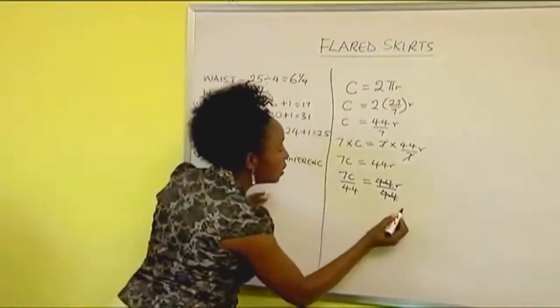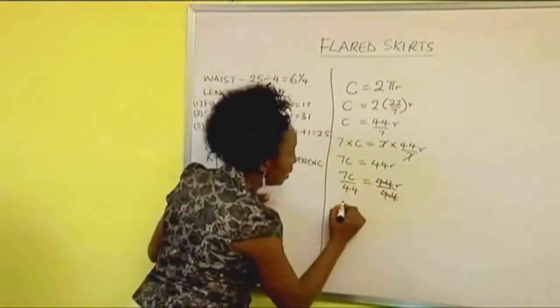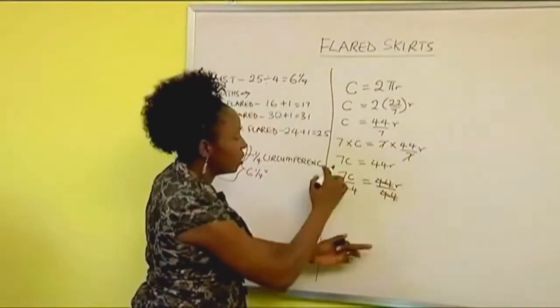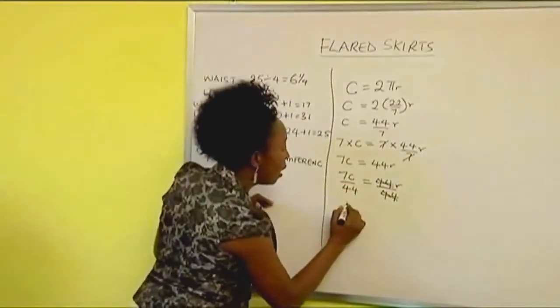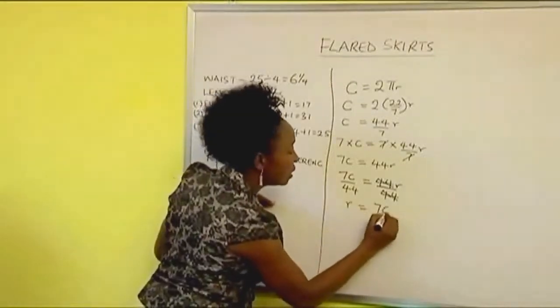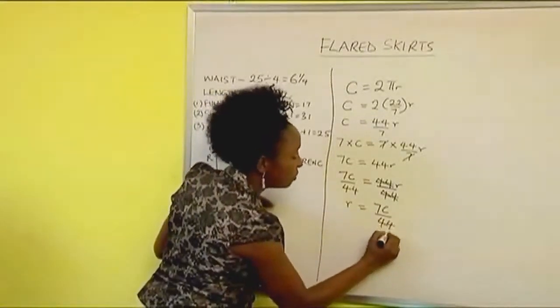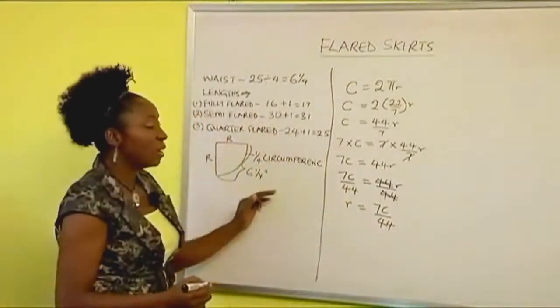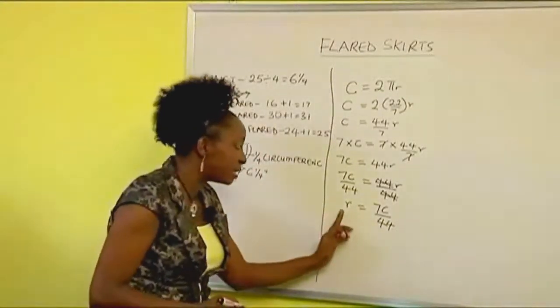So now I'll change this to the other side, and that will be r equals 7C/44. Easy.